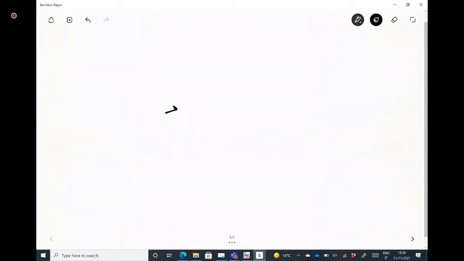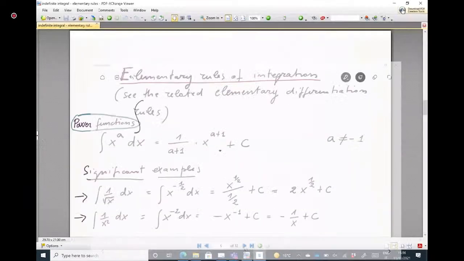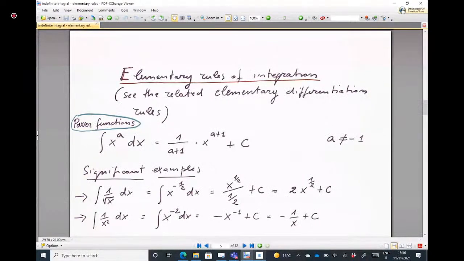Suppose that we want to compute the integral of the square root of x dx.